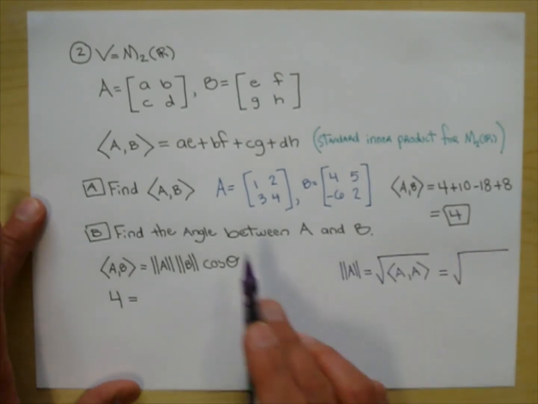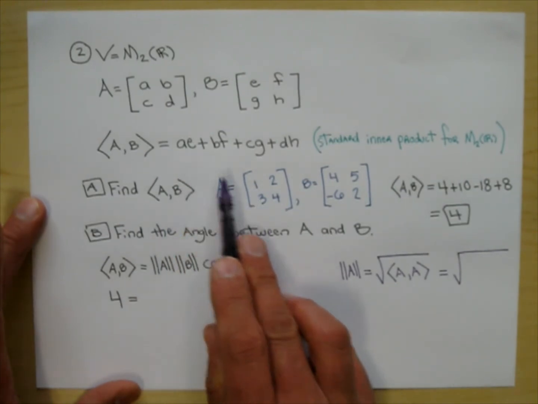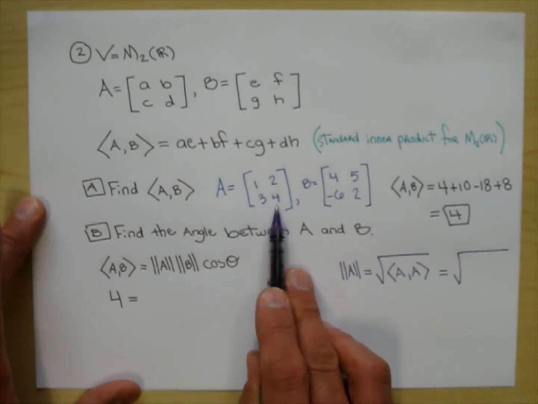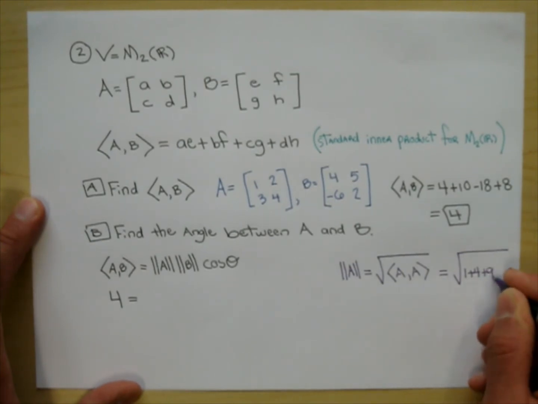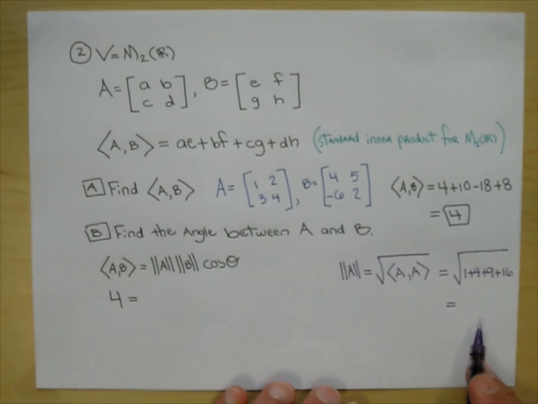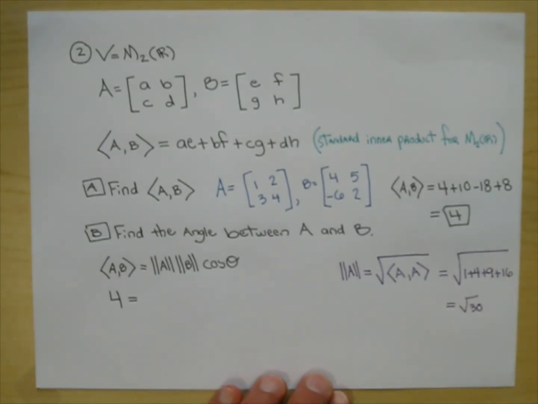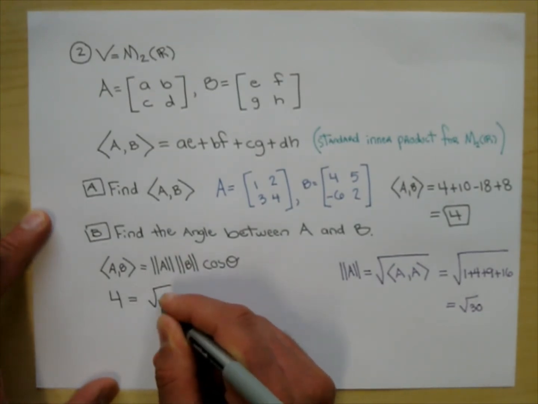So inner product A with itself: 1 times 1, then 2 times 2, 3 times 3, 4 times 4, and we add all those together. So this is 1 plus 4 plus 9 plus 16. It looks like it's going to give me 30 under that root, so this is root 30. And this can get replaced with root 30.